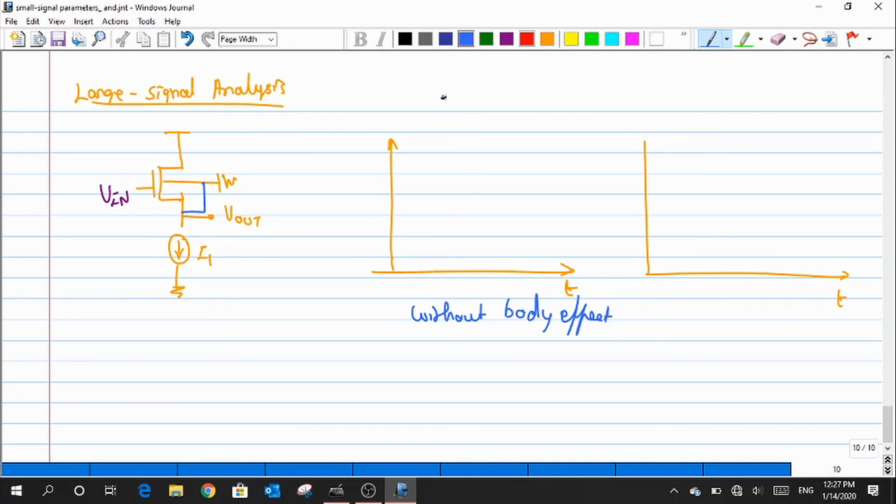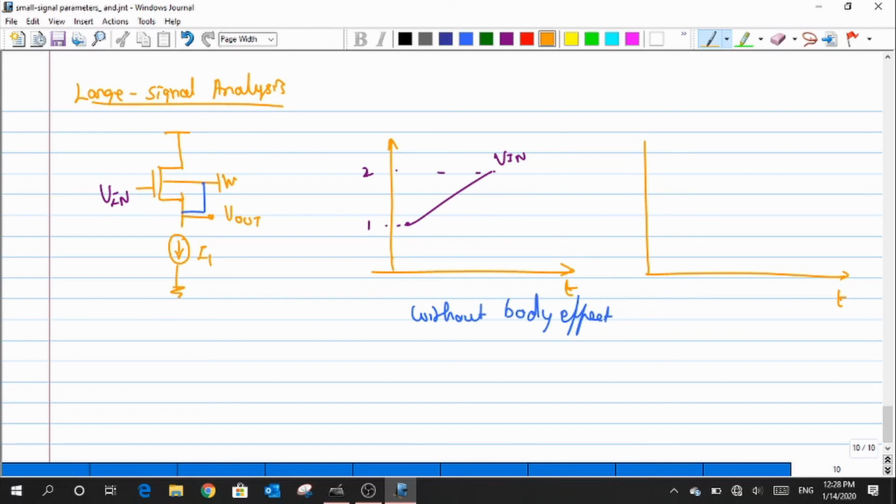Under this condition, I'm going to vary the value of Vin over time from some value to a different value, say for example from 1 volt all the way to 2 volt. Now I just want to read out the reaction that is happening for my Vout. This is my Vin. I just want to plot a graph for Vout.